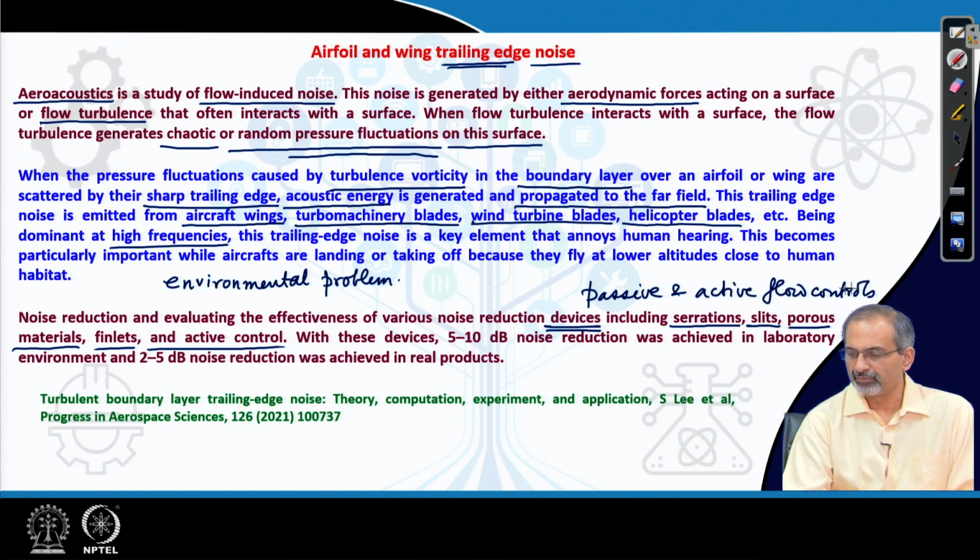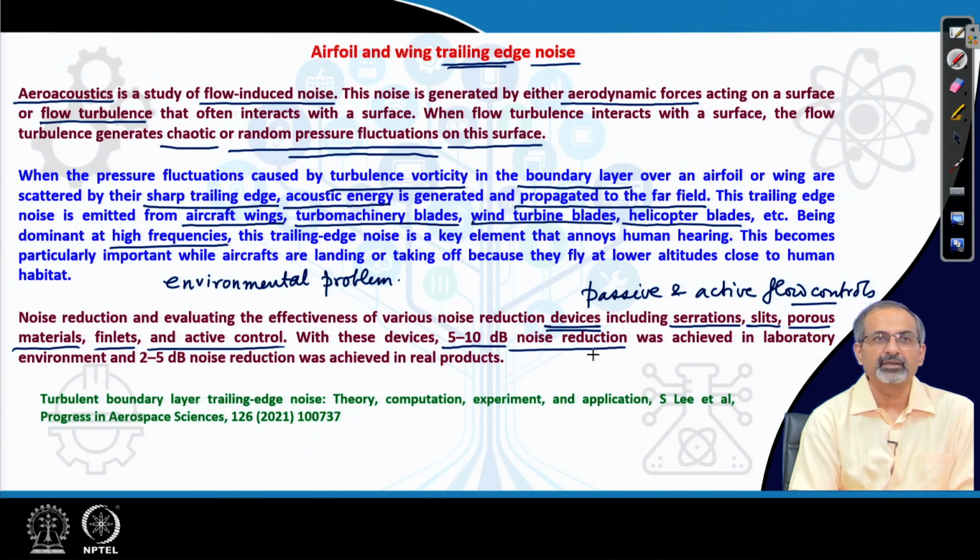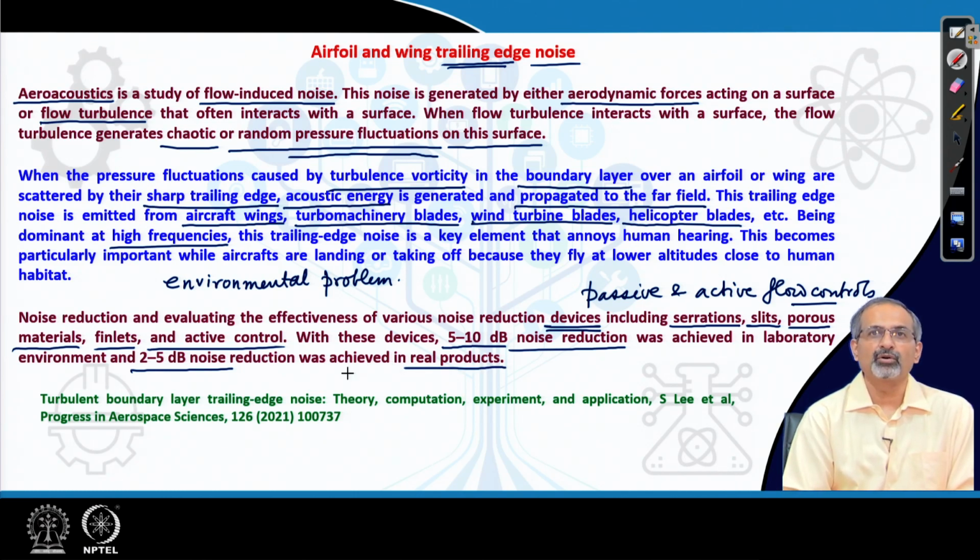Different means of flow control have been tried to suppress these turbulent eddy structures or vorticity structures in the boundary layer, and from them emitting noise from the sharp trailing edges. So, with these devices, about 5 to 10 decibel noise reduction has been achieved in laboratory environment, and about 2 to 5 decibels noise reduction has been achieved in actual products. So, in future more and more of these devices would actually come into practice, so that there is further suppression of trailing edge noise from airfoils and wings.